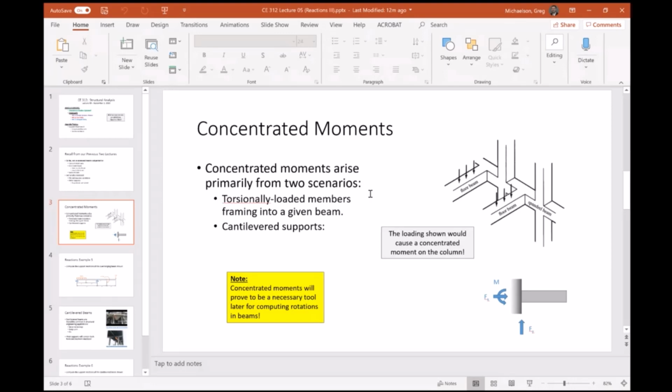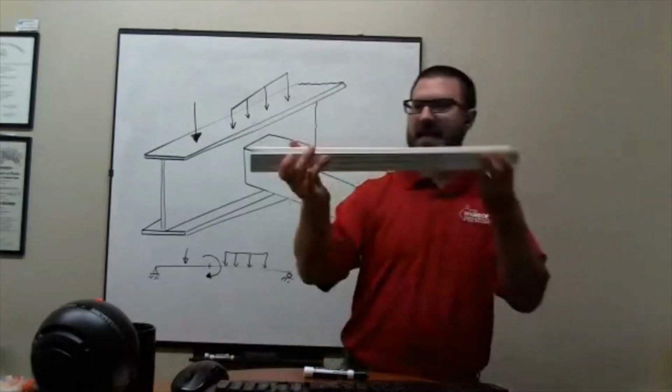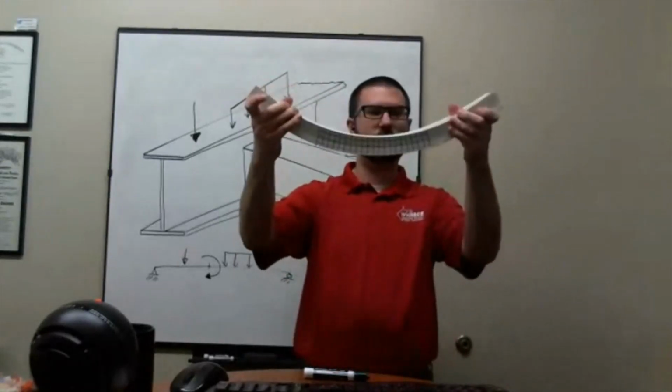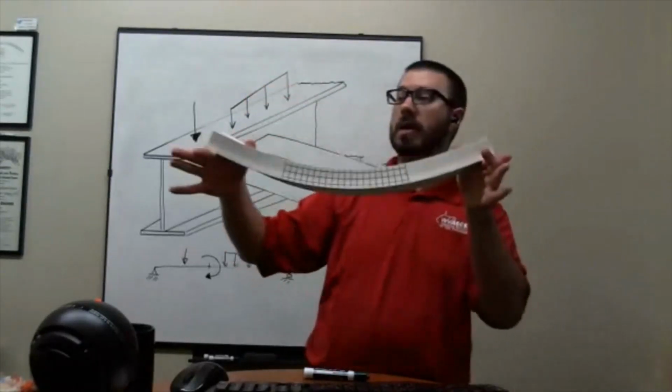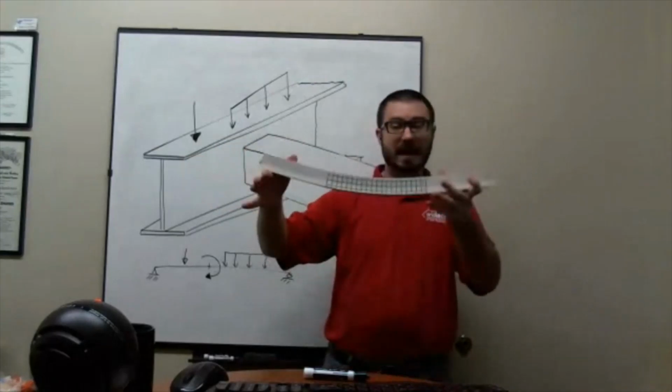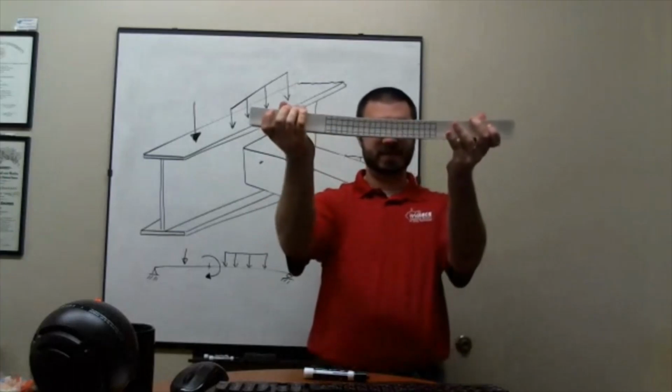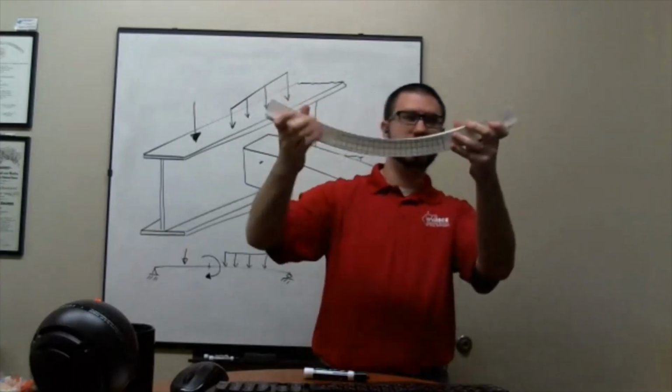For example, when you have a beam, let me stop my share here because I keep hopping back and forth, but I can't help it. So let's say I have a beam, and I take a beam and I apply some load on it, and the beam deforms, it bends. Okay. Well, not only does the beam deflect, it actually physically moves downward, but it also rotates. So for instance, here's the beam and it deflects. You can see here, maybe I'll balance this on my shoulder.